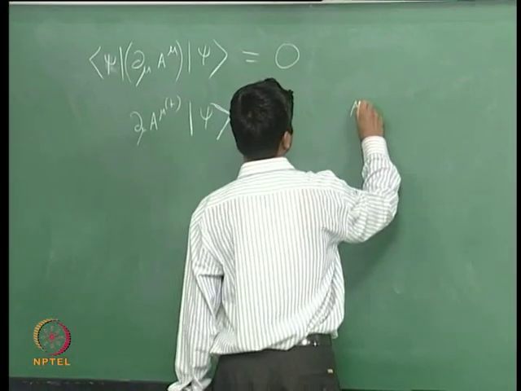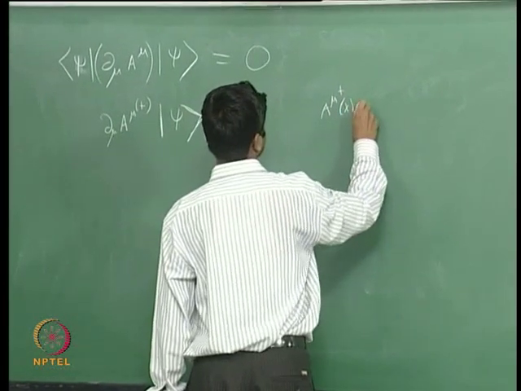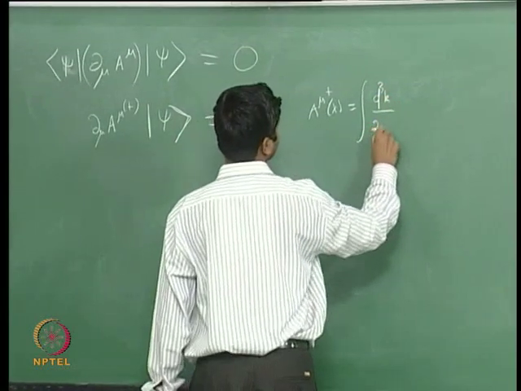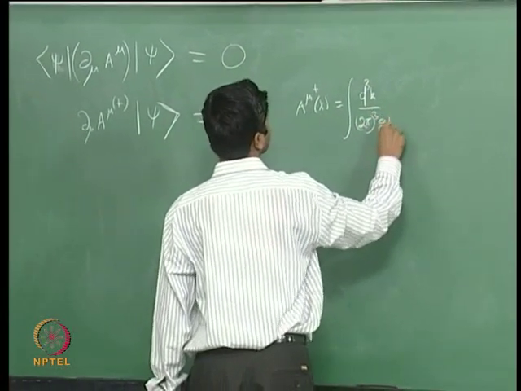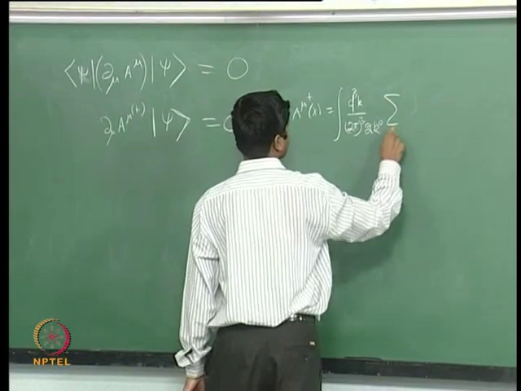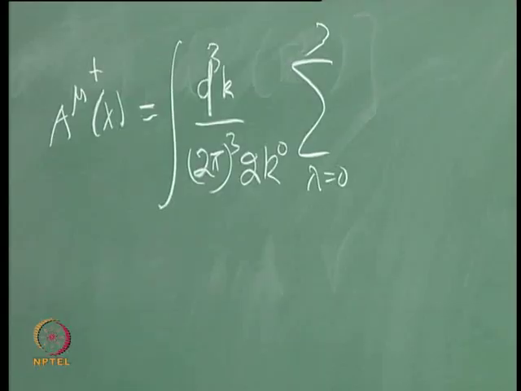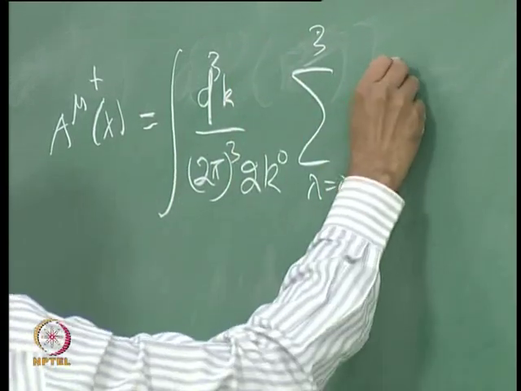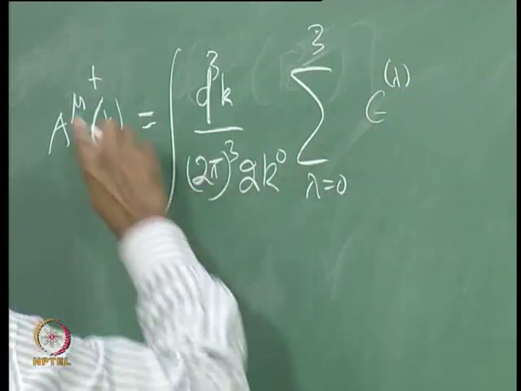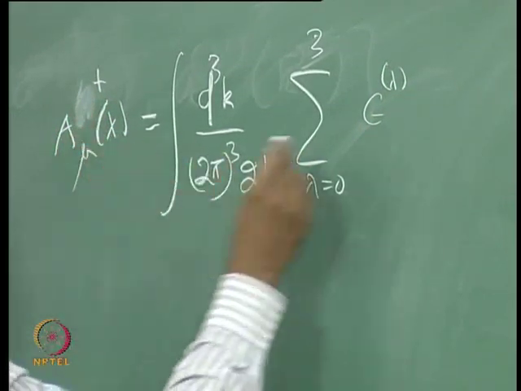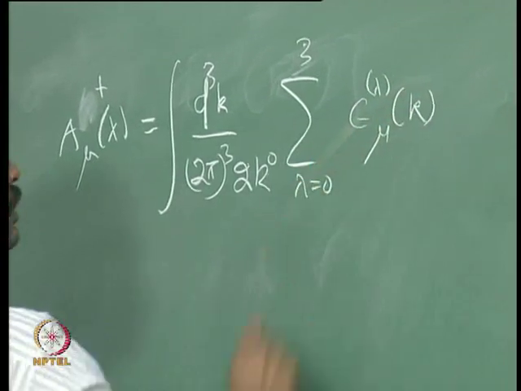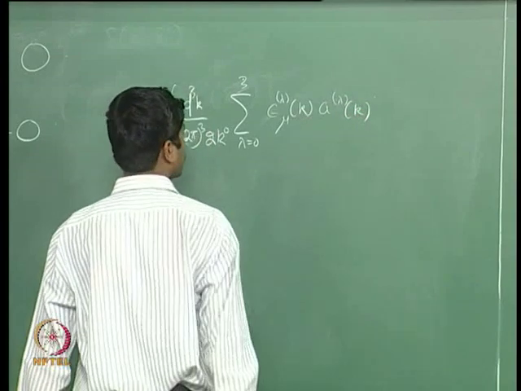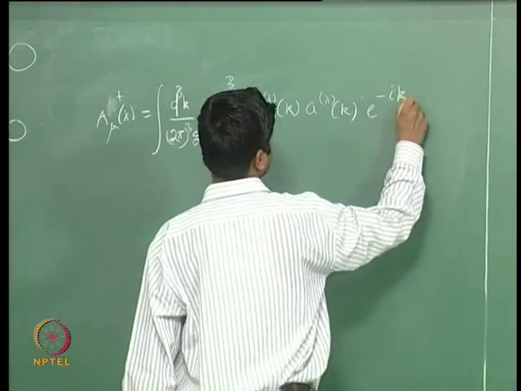Therefore, A^μ⁺(x) according to our definition is ∫ d³k/((2π)³ 2k⁰) sum over λ equal to 0 to 3 of ε_λ^μ(k) a_λ(k) e^{−ik·x}.